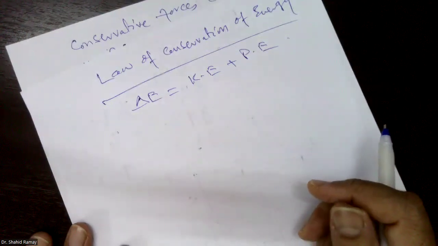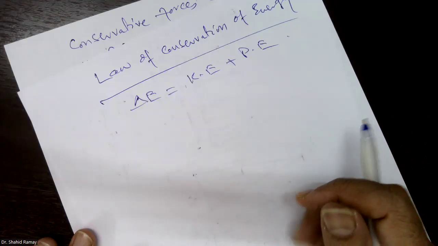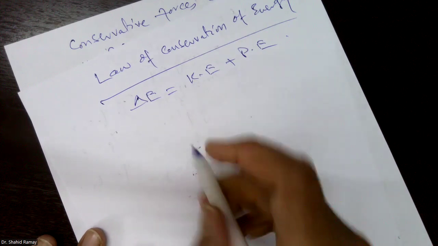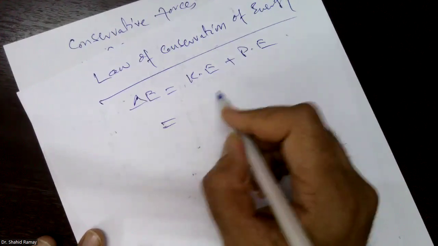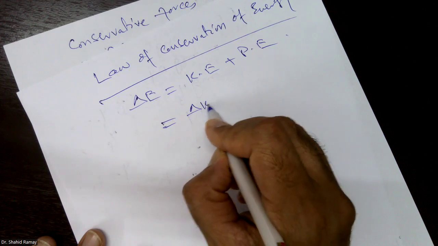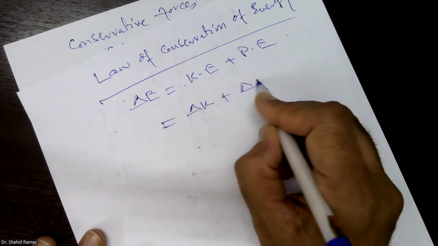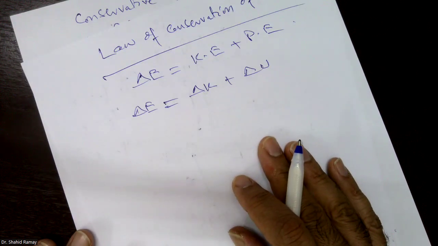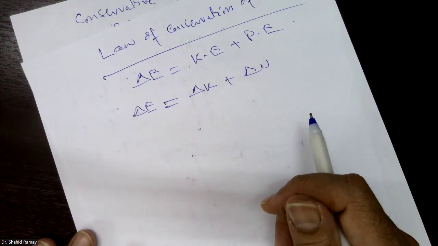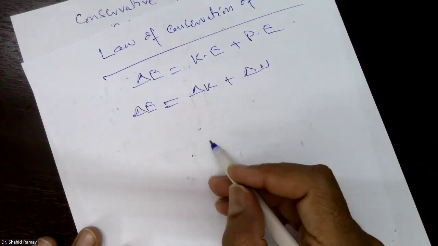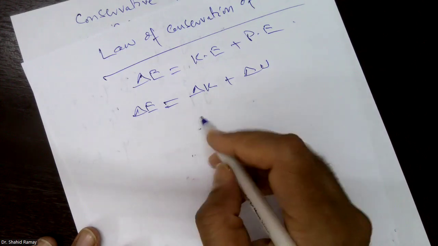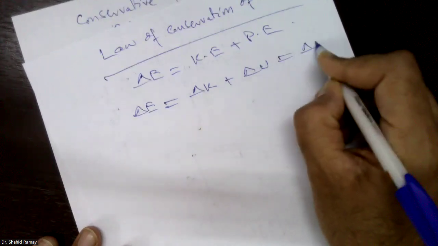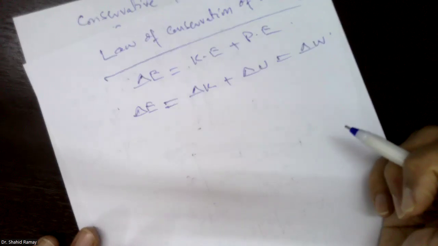There are other energies like thermal energy, chemical energy, but we are not considering those, only two kinds of energy. So change in kinetic energy, delta K, plus delta U, is equal to delta E. According to the law of conservation of energy, the total energy is always constant. So in an isolated system, delta E is equal to zero. This is also equal to delta W, or W you can write.